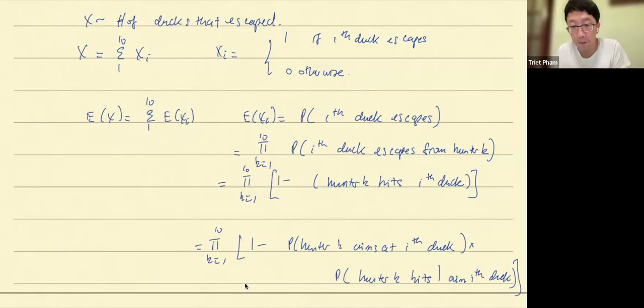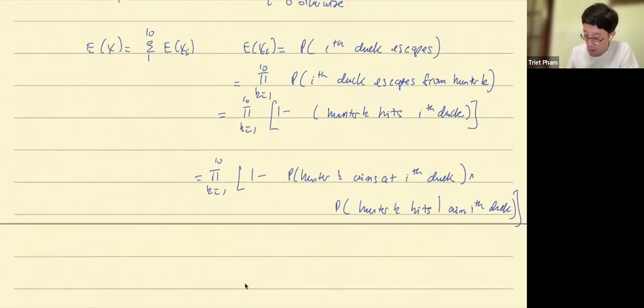Do you understand? So hunter K will aim at the ith duck with probability 1/10 because he chooses a target randomly, meaning uniformly over the ducks. And then of course the hitting probability is P. So the final answer here is 1 minus P/10, raised to the 10th power.